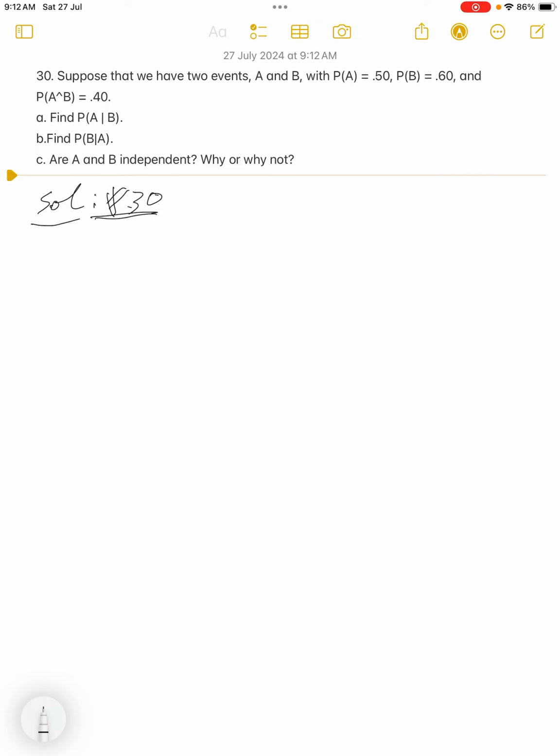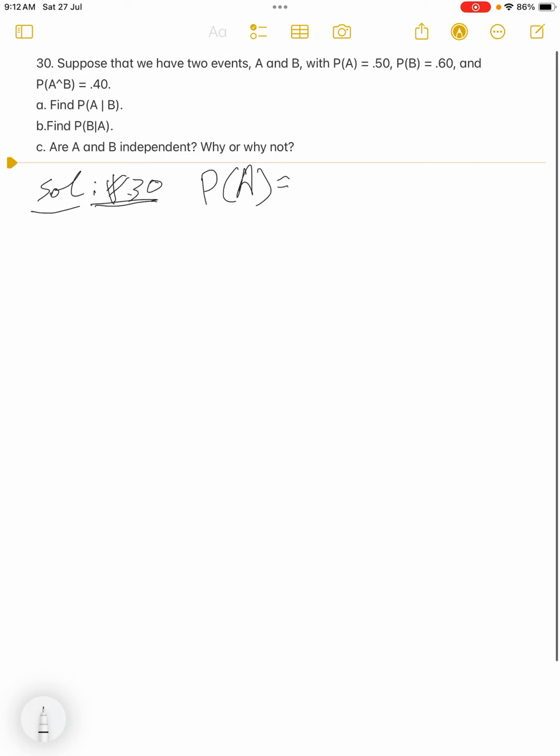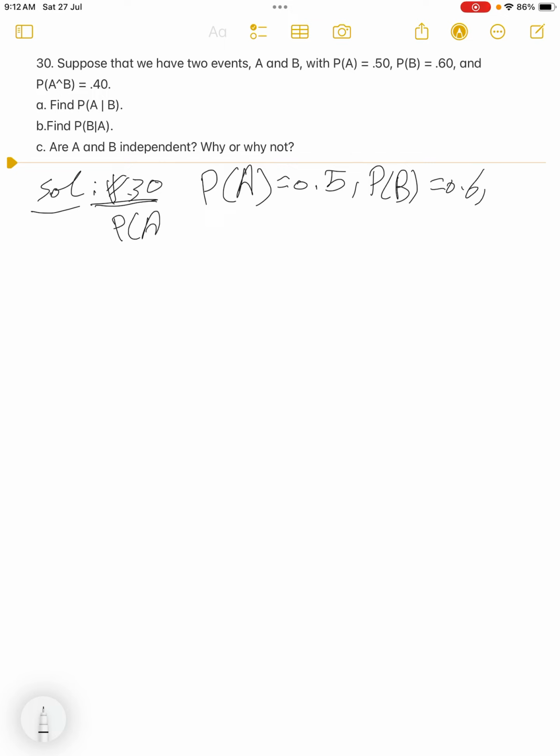Suppose that we have two events, A and B. Probability of A equals 0.5, probability of B equals 0.6, and the probability of A intersection B equals 0.4.